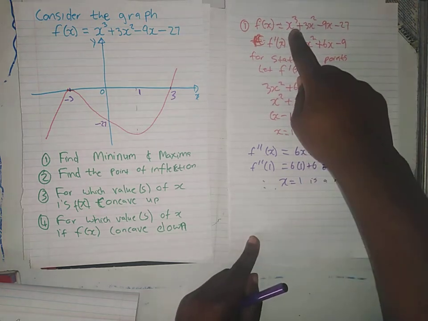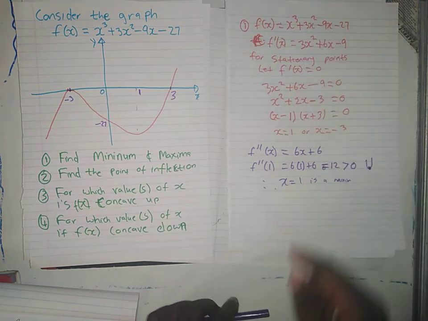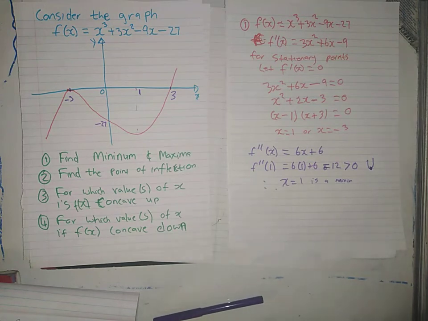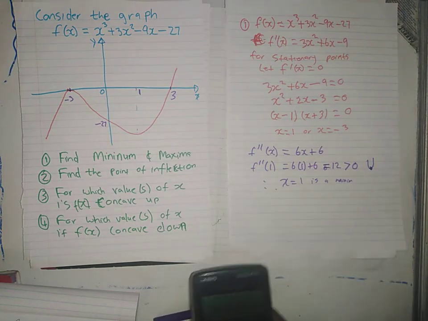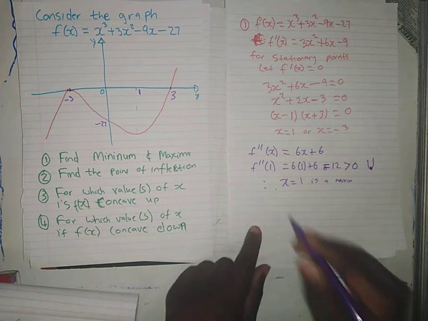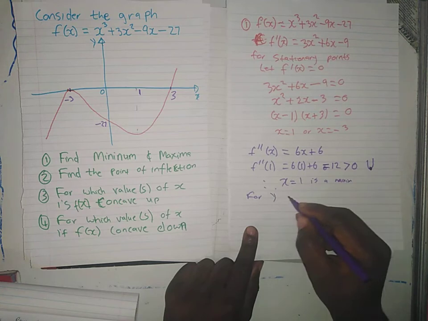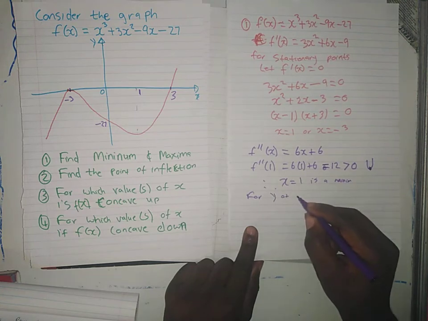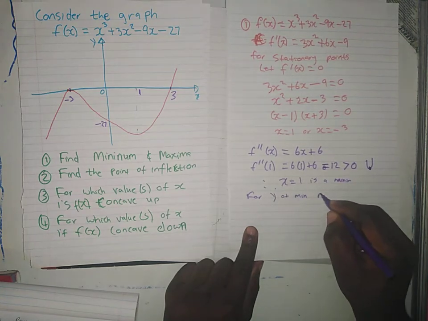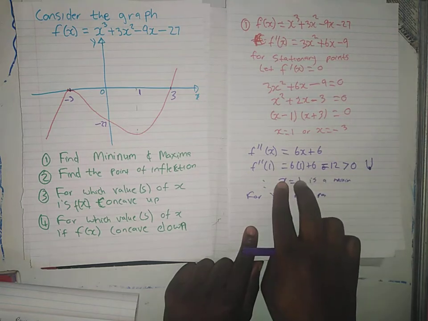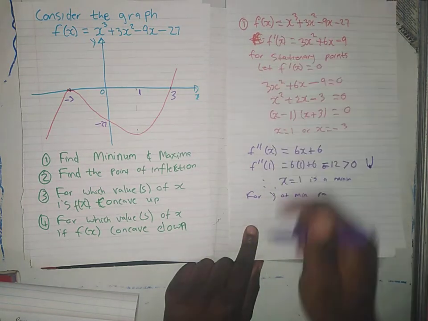So how do you find y of this? You take this and you put it exactly here. Because I'm lazy, I'm not gonna write it down, but you must write it down when you need to do it. So let me actually do it for this one. For y of the minimum point, you just take whatever value that you've got and substitute it in the main equation.